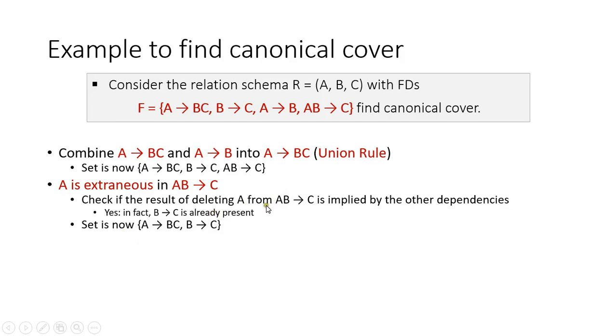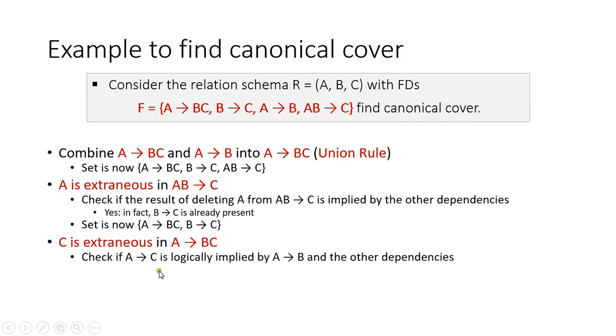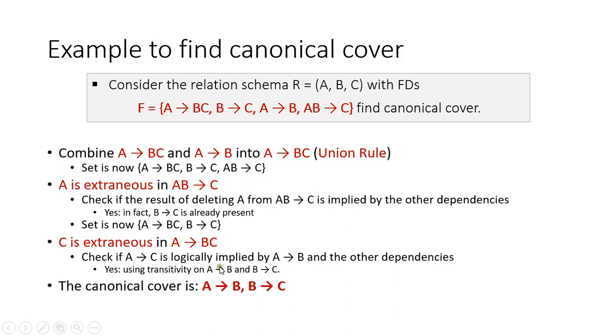If we remove it, the new set will be A determines BC and B determines C. The next step: C is an extraneous attribute here in A determines BC. So check if A determines C is logically implied by A determines B and the other dependencies. Yes, using the transitivity rule, A determines B and B determines C, we can check that A determines C is logically implied.